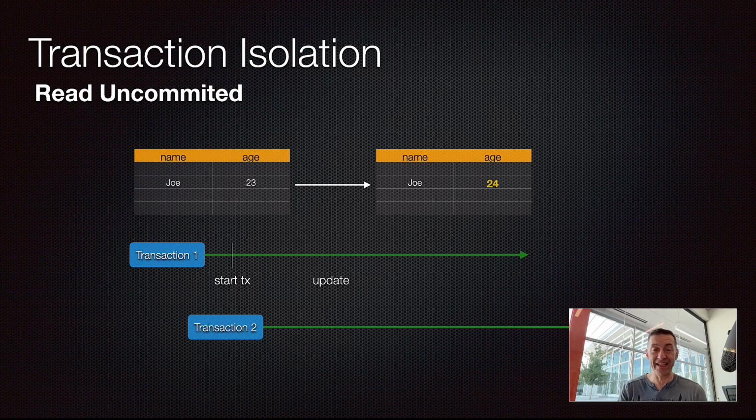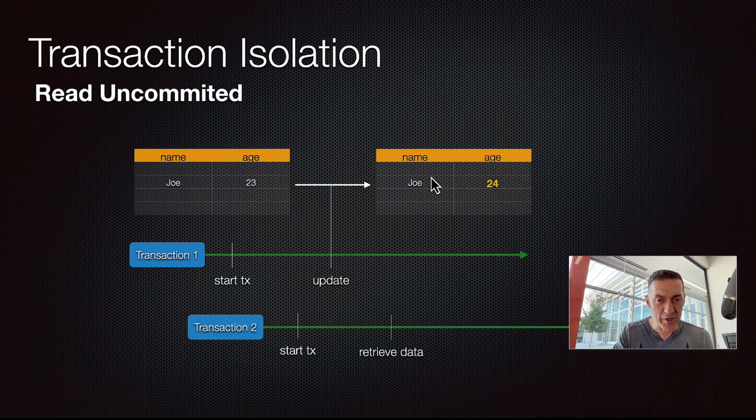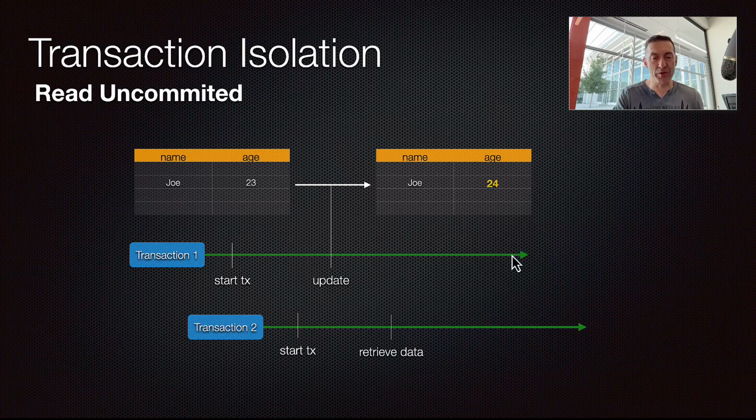Then let's say that at the same time or slightly later, transaction 2 starts, meaning some other user starts executing some kind of operation. Transaction 2 needs to retrieve data, and we're talking about retrieving exactly the same object.